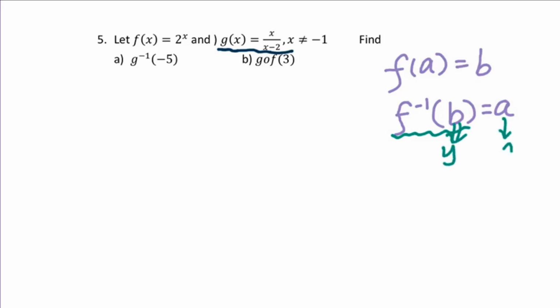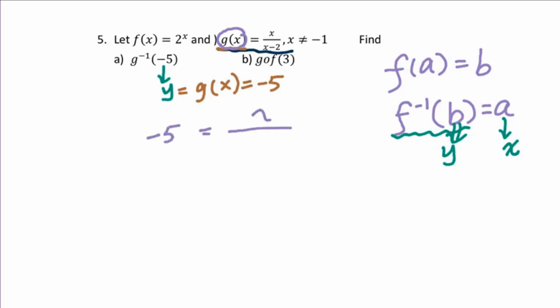This will be the x. For inverse g of negative 5, this one is y. In other words, for g of x, y will be g of x. That equals negative 5. We plug in g of x equals negative 5 equals x over x minus 2.